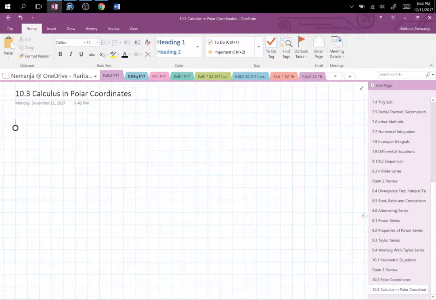So, what is happening now? We know polar coordinates from last class. We know that polar coordinates complement rectangular coordinates, which you are used to.